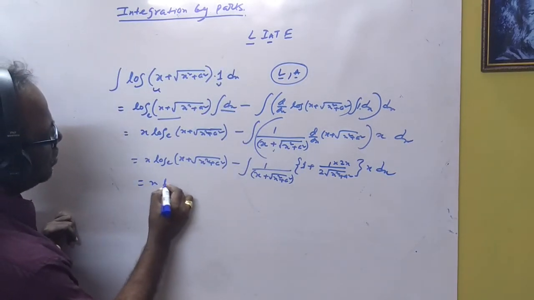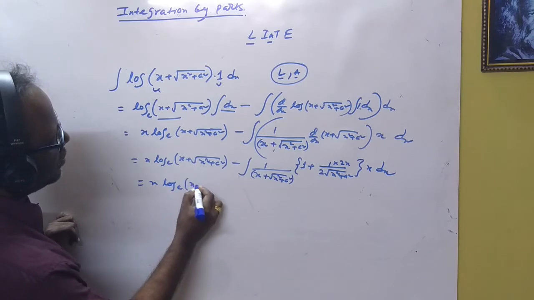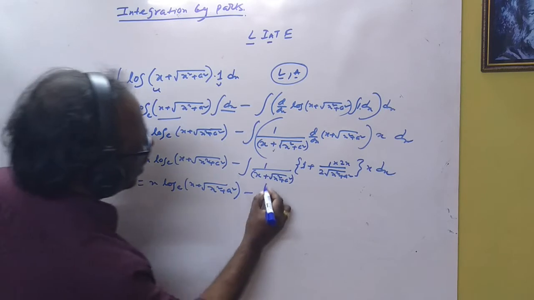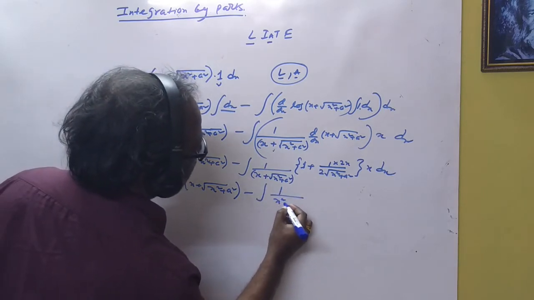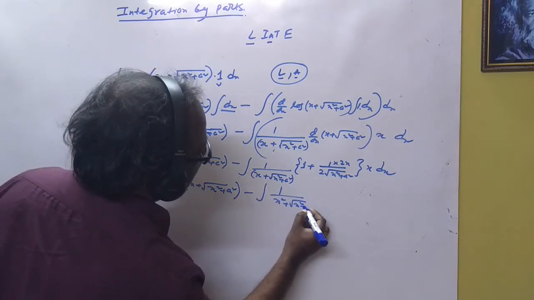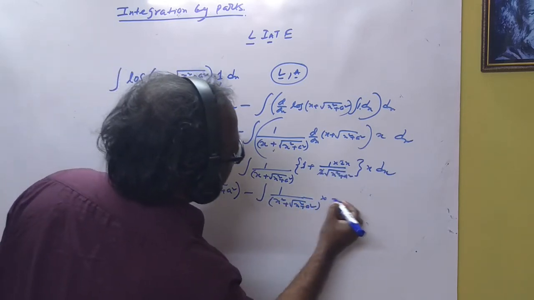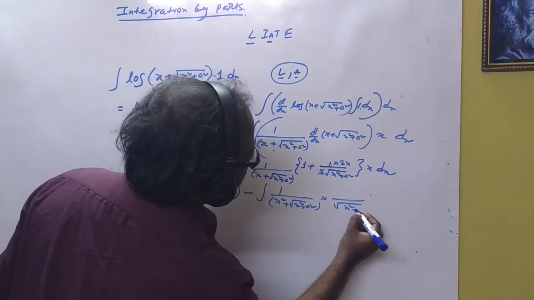So x into log to the base e of x plus root over x square plus a square, and minus 1 by x square plus root over x square plus a square. We take the LCM here, and we get root over x square plus a square.